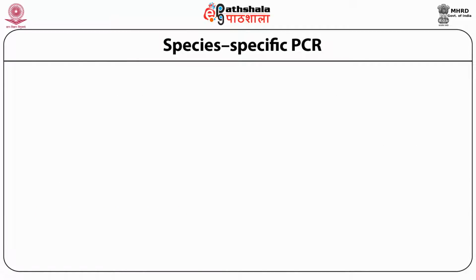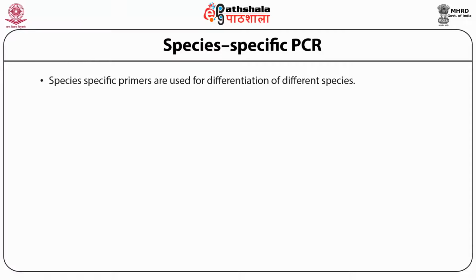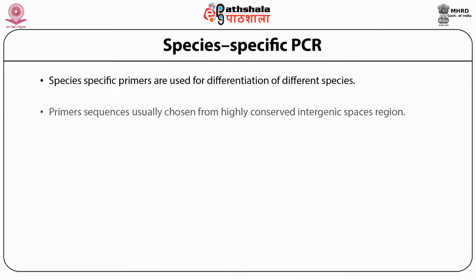Under the species-specific PCR, as the name indicates, this type of PCR reaction makes use of species-specific primers for differentiation of different species. Primer sequences are usually chosen from highly conserved 16S rRNA and 23S rRNA or 16S-23S intergenic spacer regions.